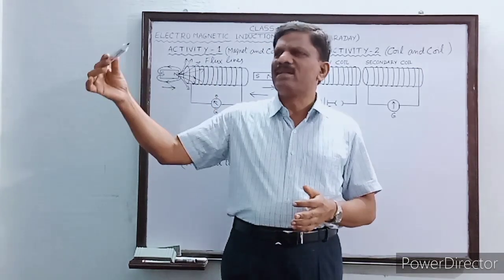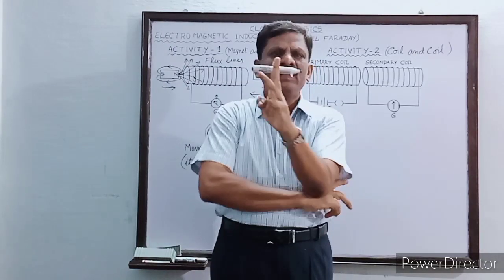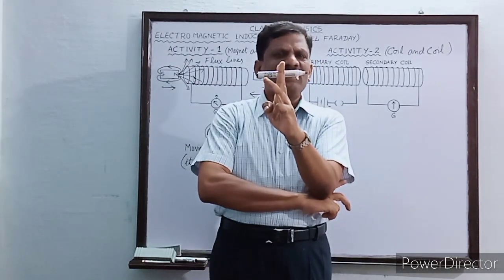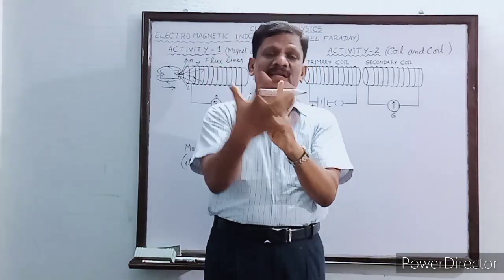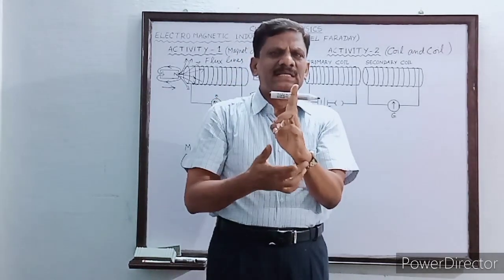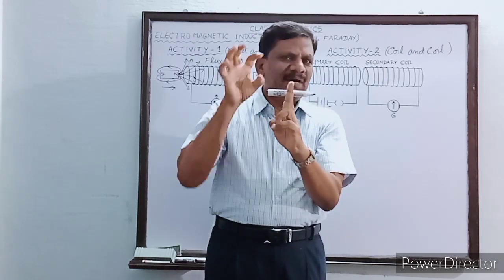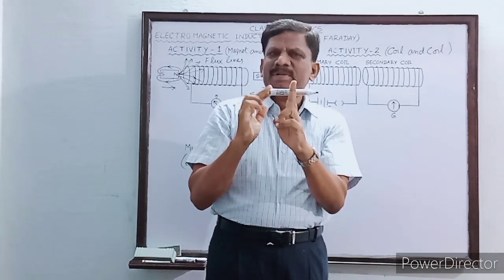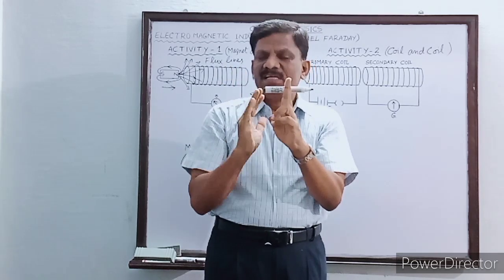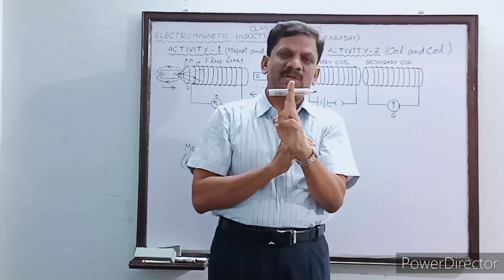Suppose the entire magnet is placed at the center of the coil at rest permanently, with no movement of the magnet, but the total magnetic field is associated with the coil itself. There was no deflection. Why? Because when the magnet is at rest, there can be no change in the flux. There can be no change in the magnetic field lines linking the circuit.